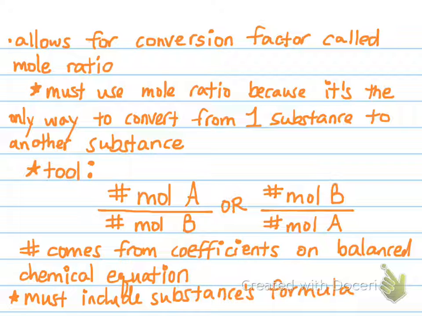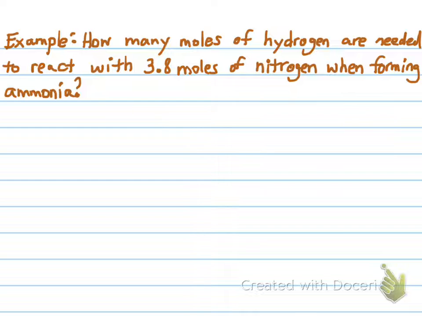So this tool is called a mole ratio. And it's some moles of A over some moles of B, where A and B are just different substances. The numbers in our mole ratio come from our coefficients in our balanced chemical equation. So we're going to take a look at an example.